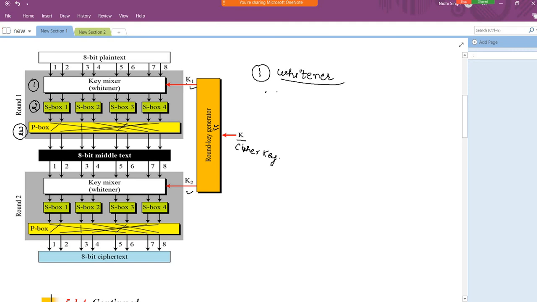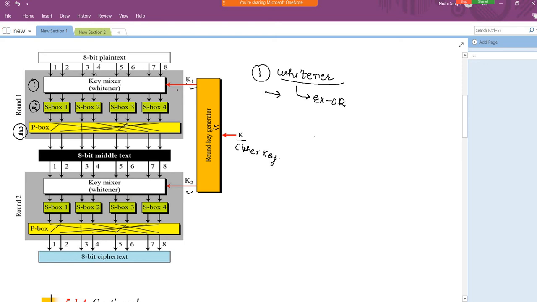In the whitener process, or the key mixture process, my 8-bit plain text is mixed with the key to whiten the text. Actually, in the whitener we have to use the XOR component.